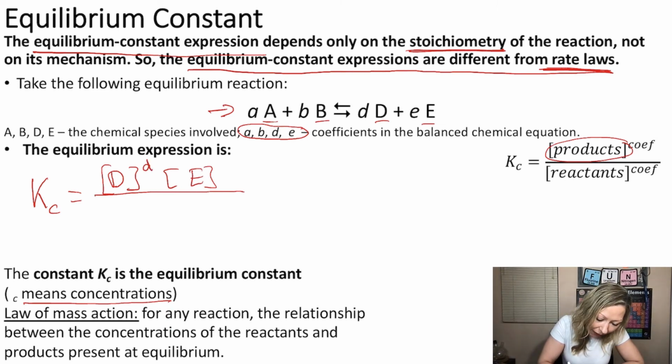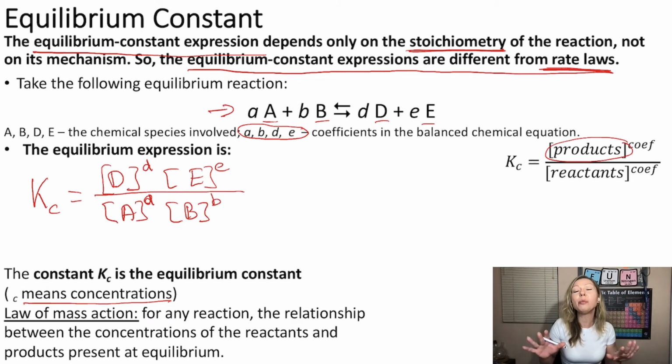So I'm going to have the exponent of D and the exponent of E there. All right, this will be divided by the same expression for the reactants. So the concentration of A to the exponent of A multiplied by the concentration of B to the exponent of B. All right, I hope this makes sense.